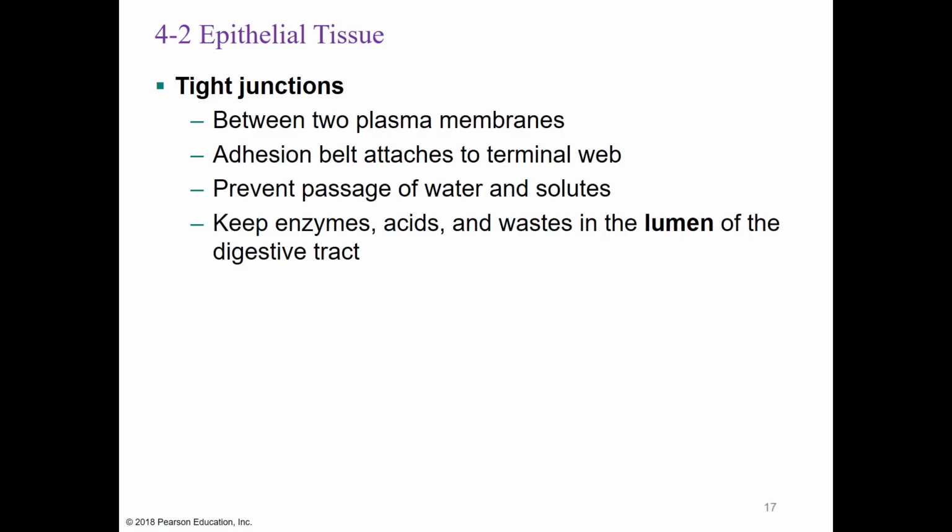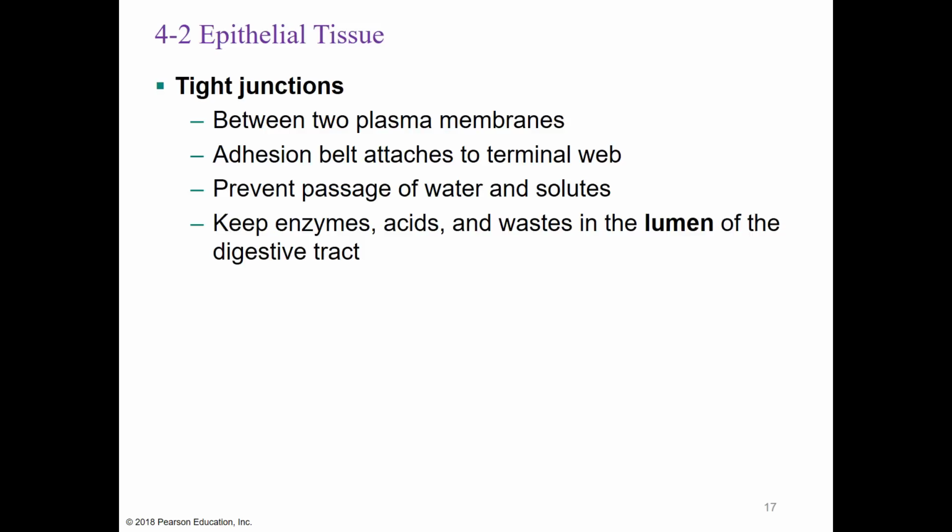Next on the list are the tight junctions. Tight junctions are between two plasma membranes as well. And in the tight junction we'll see what's called an adhesion belt. An adhesion belt is a protein belt that attaches to what's called a terminal web.